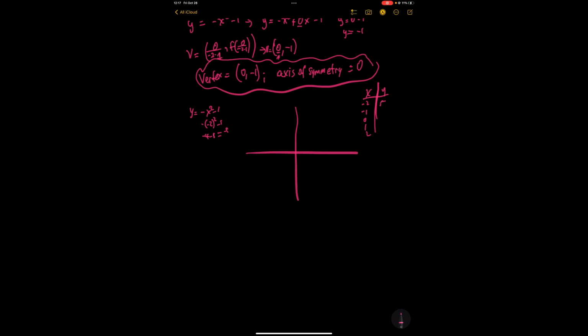And x equals negative 1, that will be equal to negative 2. X equal to 0 equals negative 1. X equal to 1 equals negative 2. And x equal to 2 equals negative 5.